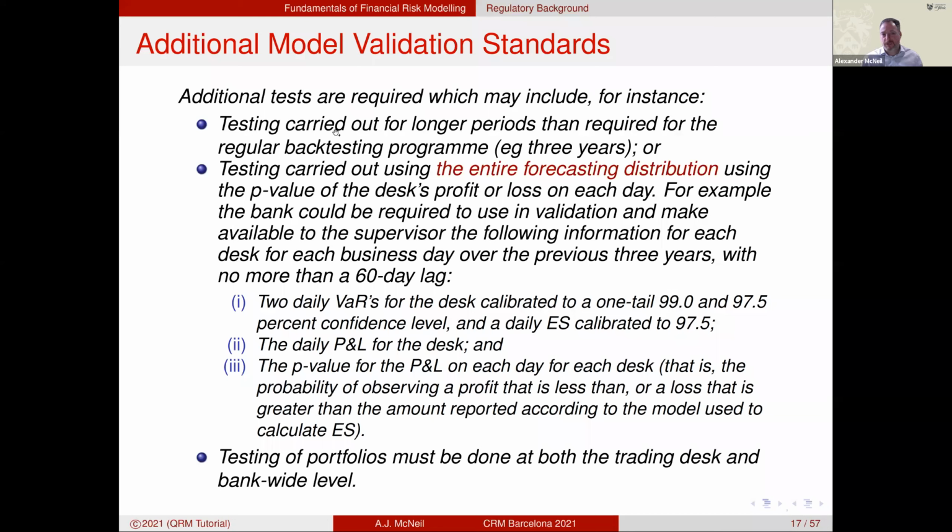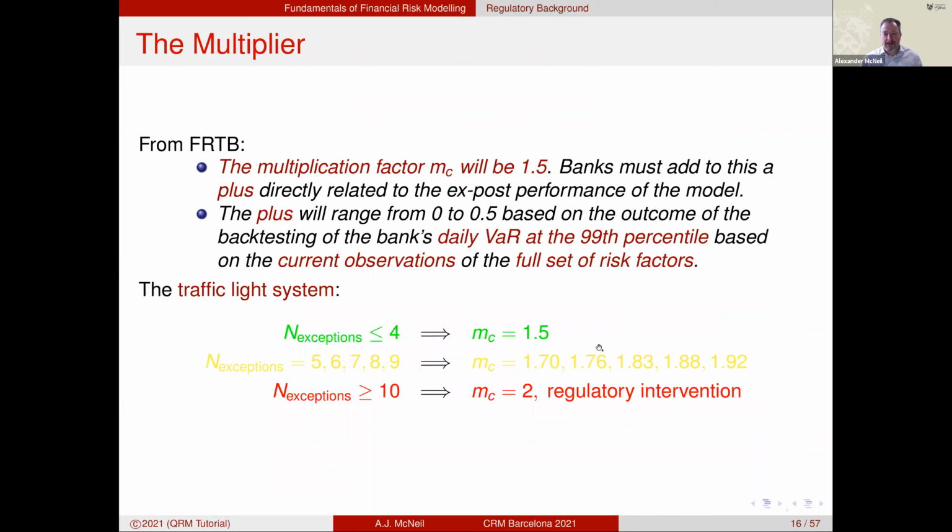So testing, for example, could be carried out for longer periods than required for the regular backtesting program. So for example, 3 years instead of 1 year. So 1 year is the standard length. So these numbers that I showed you here relate to 1 year. You might wonder what's so special about 4 and what's so special about 10. It's based on 1 year of backtests.